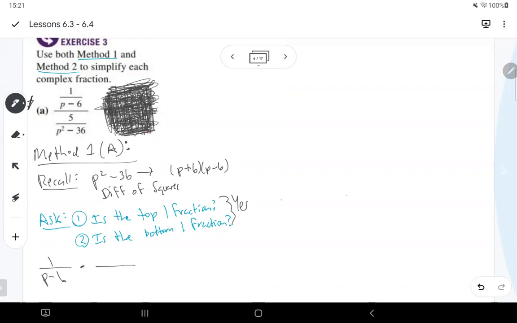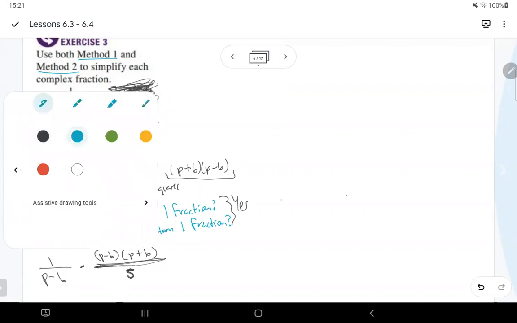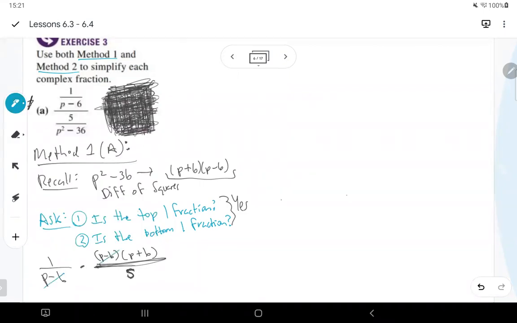I'm going to rewrite p squared minus 36 in factored form. You'll notice that the p minus 6's cancel. So our answer here is just p plus 6 over 5.